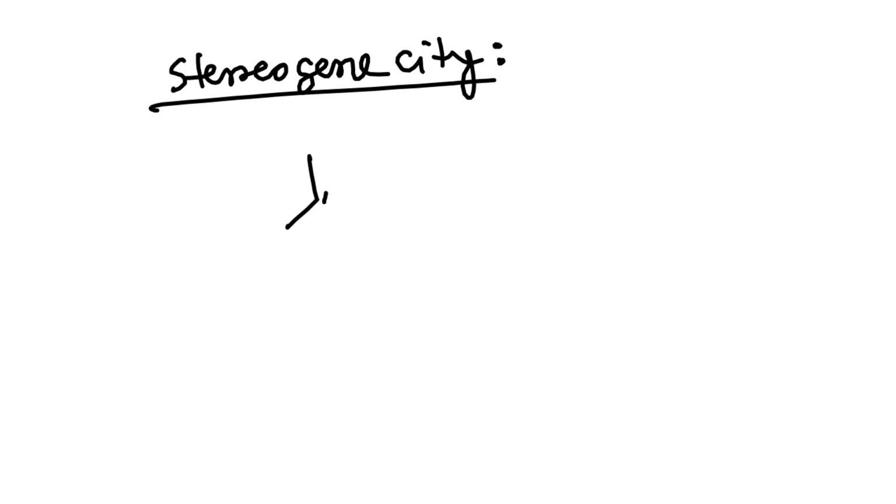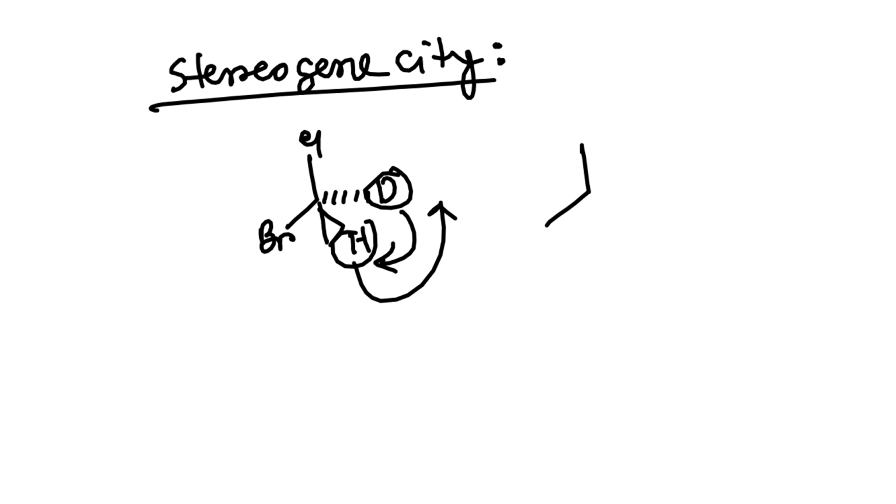So you have this molecule. Let's say you have chlorine, bromine, deuterium, and hydrogen. So this is one molecule. Now, if you exchange this pair, this hydrogen and deuterium, you will get this molecule, right? And these two are different, right? So by exchanging two ligands, mutual exchange, we are changing the configuration.